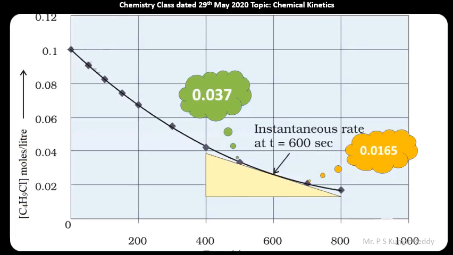Graphically, the R1 value is 0.037 at 400 seconds, and the R2 value is 0.0165 at 800 seconds, that is, T2 is 800.